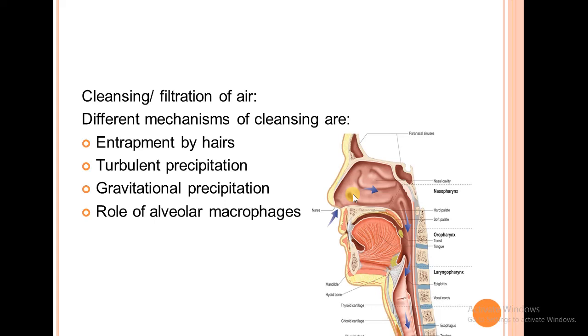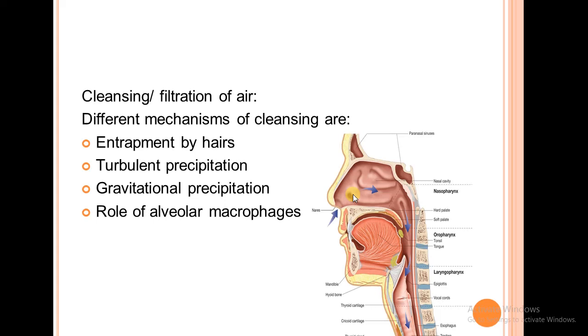Each time air strikes them, it changes direction, but the particles, because of their inertia, are unable to do so. They continue in their direction, hit the surface, and are entrapped in the mucus lining these surfaces. So this mechanism of cleansing of air is called turbulent precipitation.